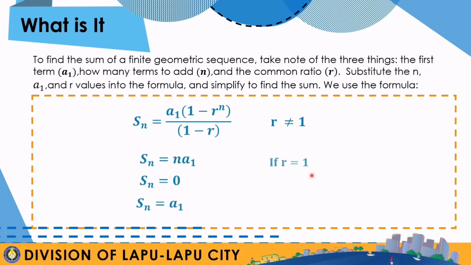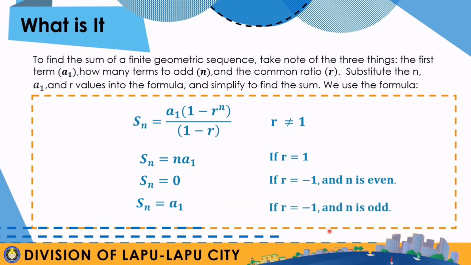If your common ratio is a positive 1, then S sub n is equal to n times the first term. If your common ratio is -1 and your n is even, then the sum is automatically 0. And lastly, if your common ratio is still -1 and this time your n is an odd number, then the sum is the first term.